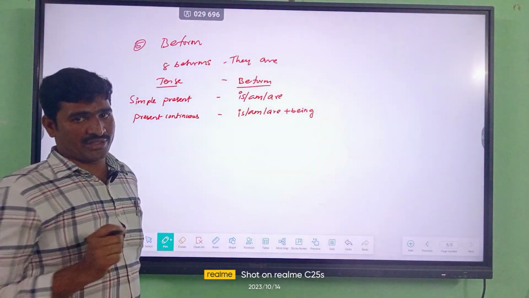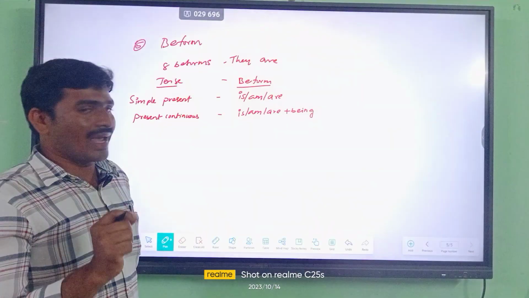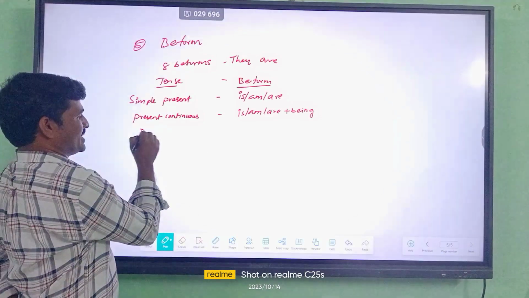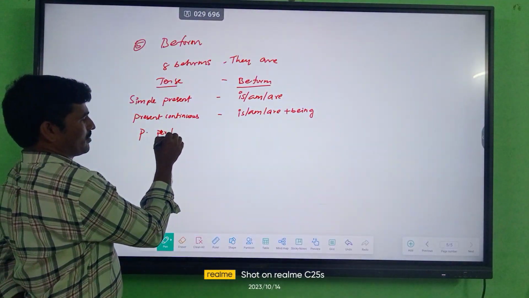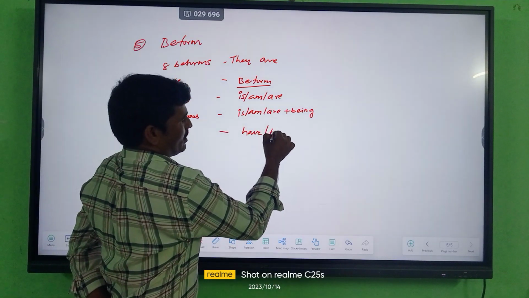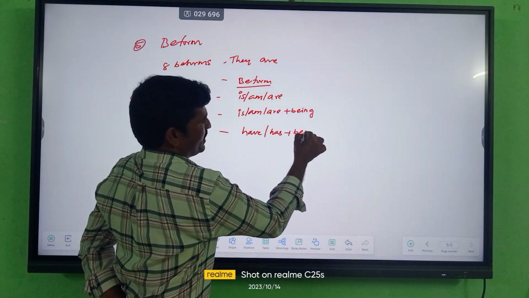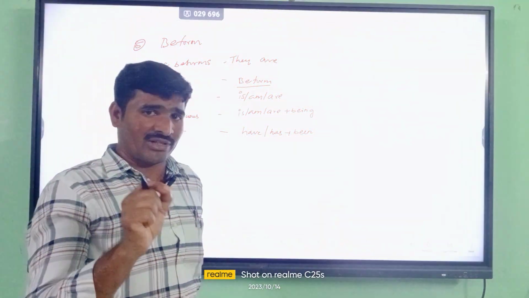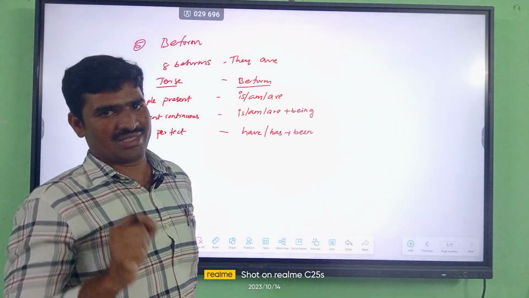Next, present perfect tense. Have or has plus been is used in the passive voice.